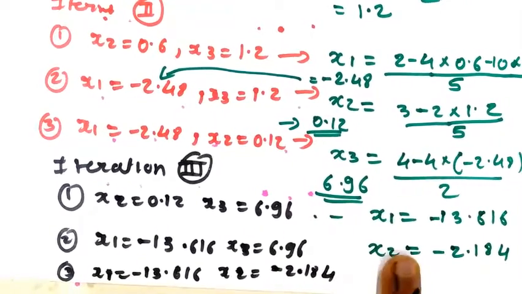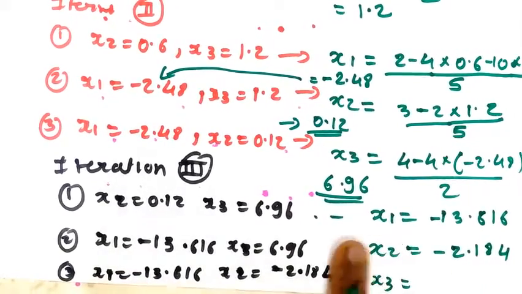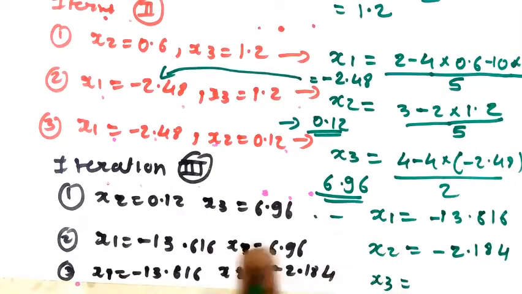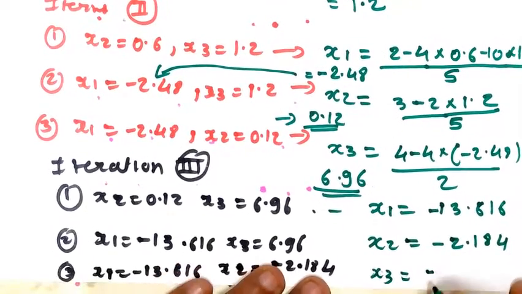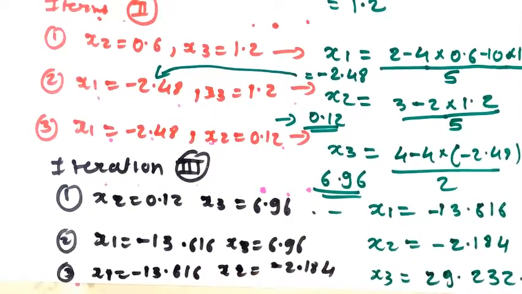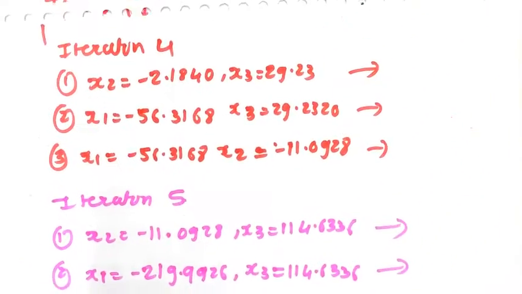Then the x1 and x2 that we have found, you have to put both values in the equation for x3, and you will get 29.232. Similarly for iteration 4 and iteration 5, you have to follow the same procedure.